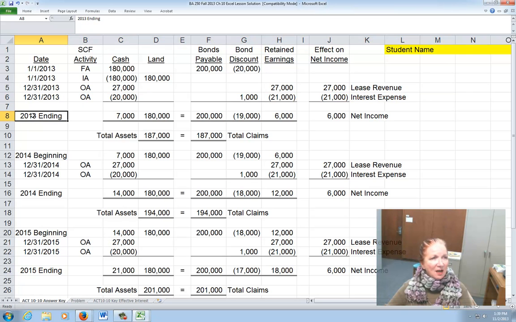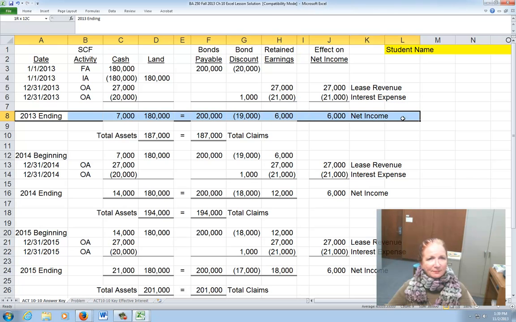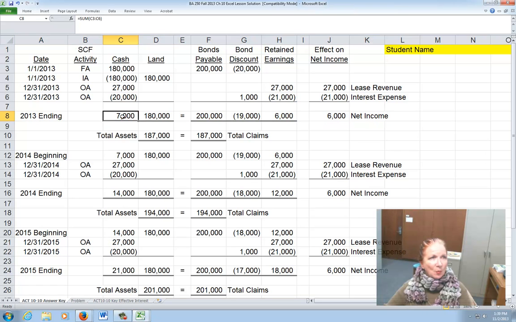So at the ending of 2013, we would have cash of $700,000, just the sum of these numbers. So we just use our sum function. When I click here, you can see the sum function right there. It's telling you I'm summing those, and it's lighting up all those cash boxes. For land, it's doing the same thing, summing that land and lighting up those land boxes.